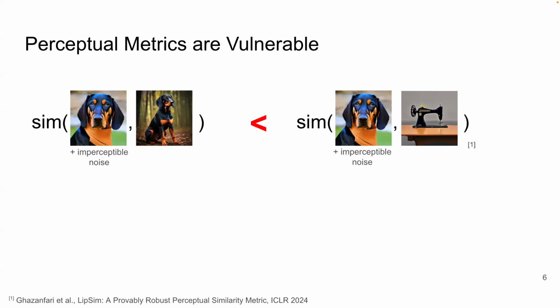Now the metric says the dog is more similar to the sewing machine, which of course makes no sense at all to humans because we cannot actually perceive this noise. So this could be a security risk, especially if such a model is used in a downstream system where it requires to be safe.